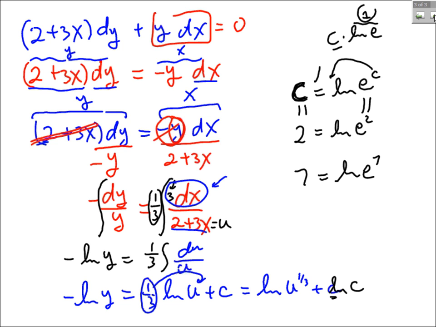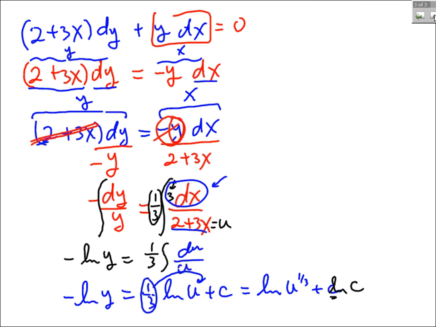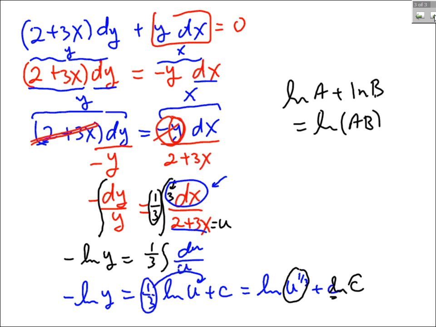Now, the reason we want to do that is now I can use another rule. Ln of A plus ln of B is ln of A times B. This is nothing more than ln of B times A, c times u to the 1/3.